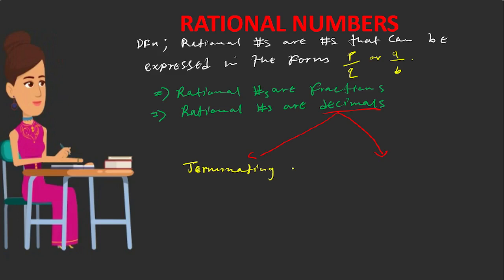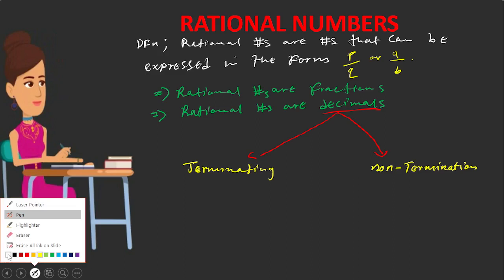These are the two types of decimals that you need to understand: terminating and non-terminating decimals. Those are just the other terms used when you talk about decimals.